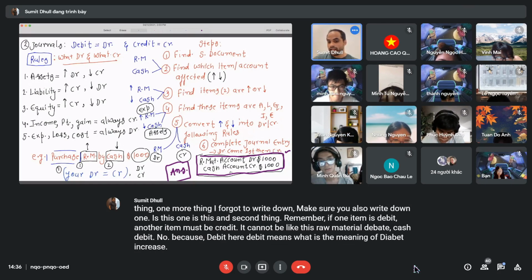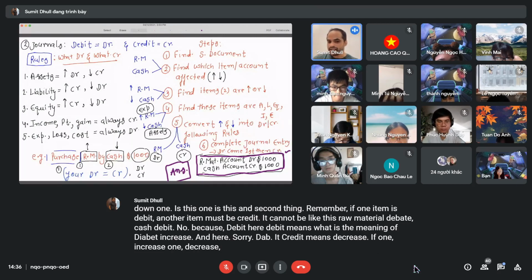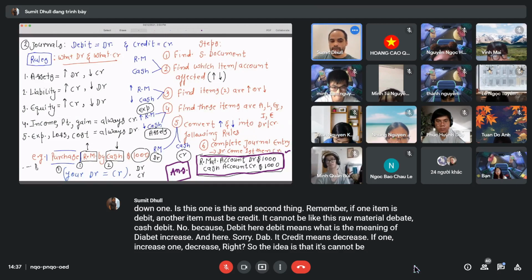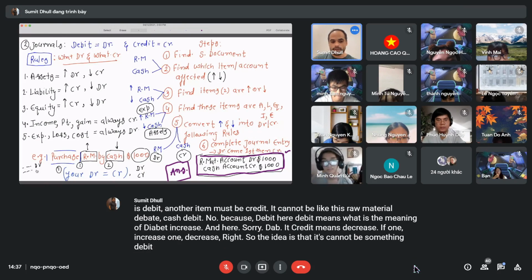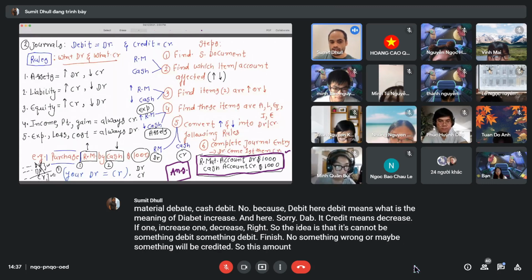Increase. And here credit means decrease. If one increases, one decreases. So the idea is that it cannot be something debit, something debit. Something will be credit, so this amount and this amount are equal, then it is okay.